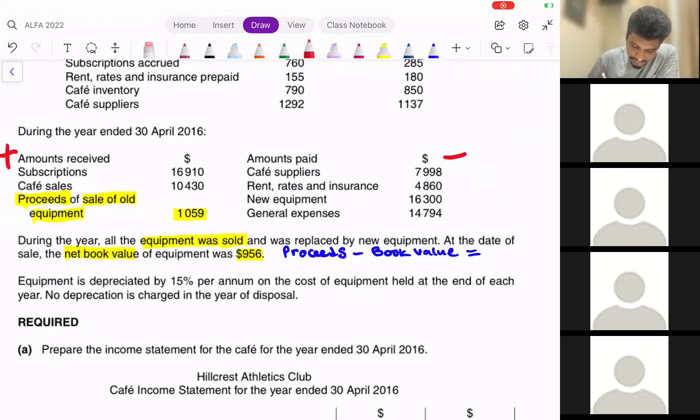Proceeds $1059, book value 956. $103 positive. Positive means gain, gain or profit.